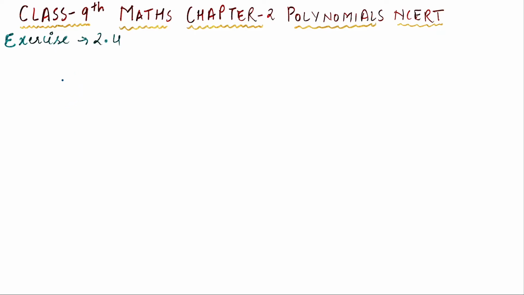So in this video we are going to start with exercise 2.4, but before attempting the questions of 2.4 we are going to learn some concepts, that is factor theorem.